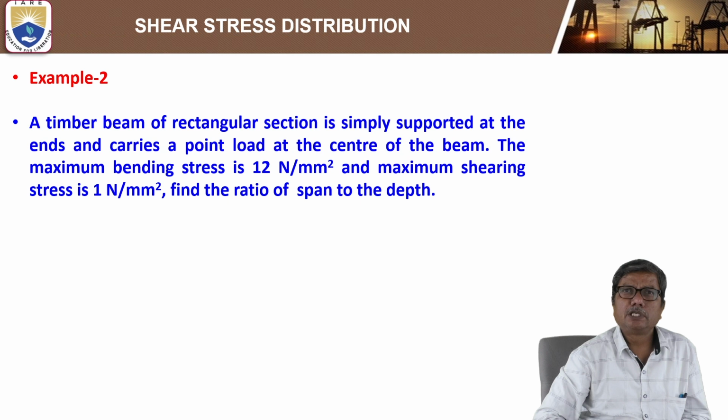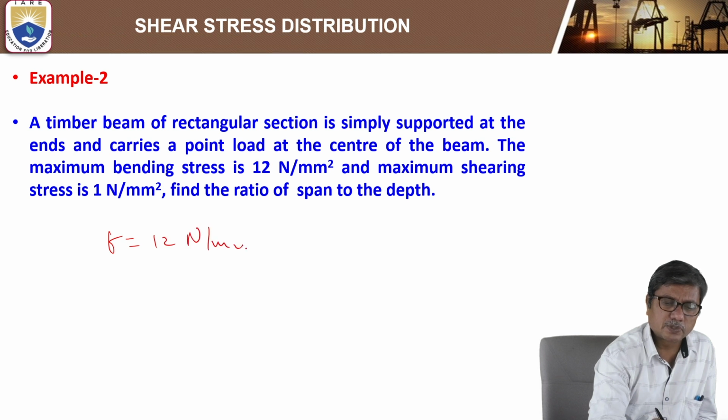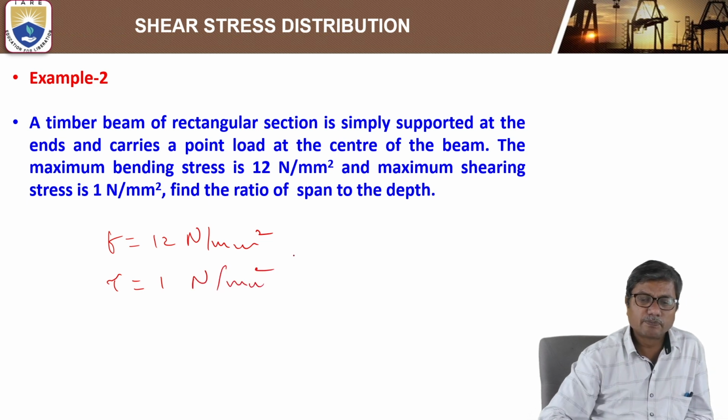The maximum bending stress is 12 Newton per mm square and maximum shearing stress is 1 Newton per mm square. So find the ratio of span to the depth. So here the maximum bending stress, F, 12 Newton per mm square. Maximum shearing stress, tau, 1 Newton per mm square.